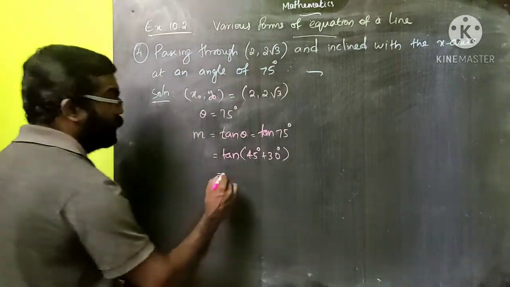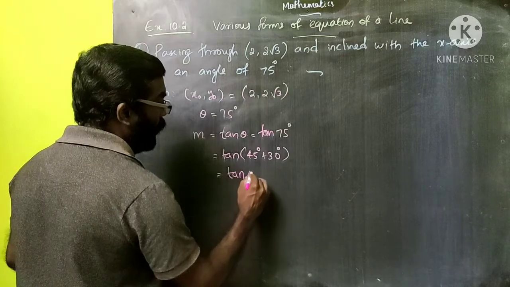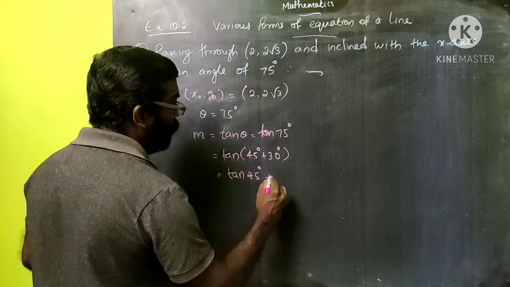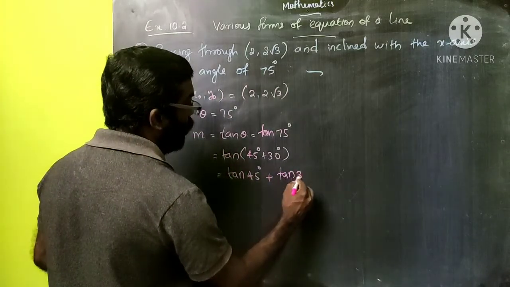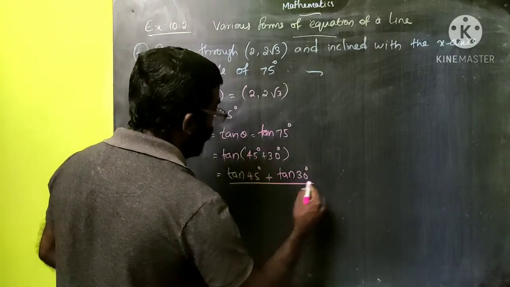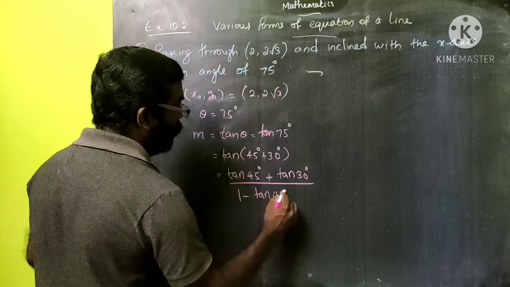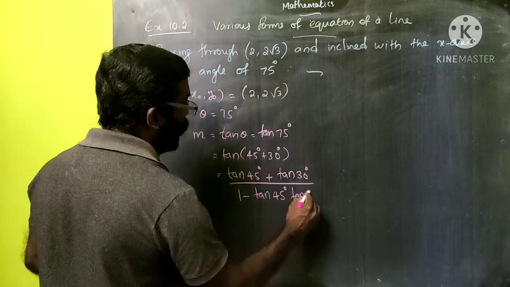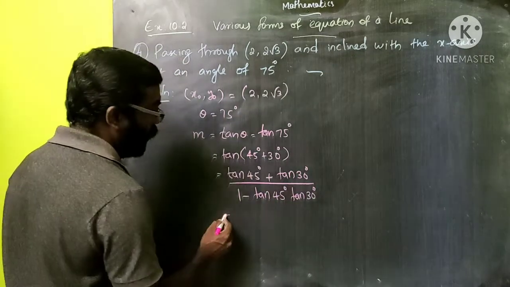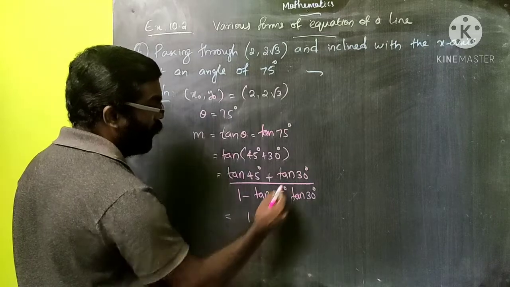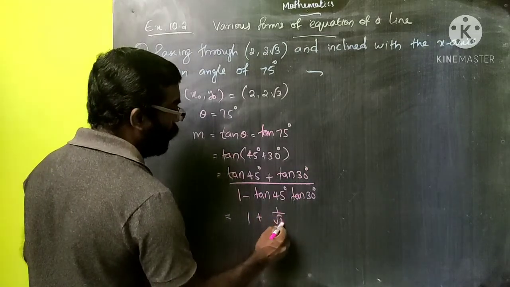Right. So here we can write tan 45 degrees plus tan 30 degrees divided by 1 minus tan 45 degrees into tan 30 degrees. Tan 45 degrees is 1 and tan 30 degrees is 1 by root 3.